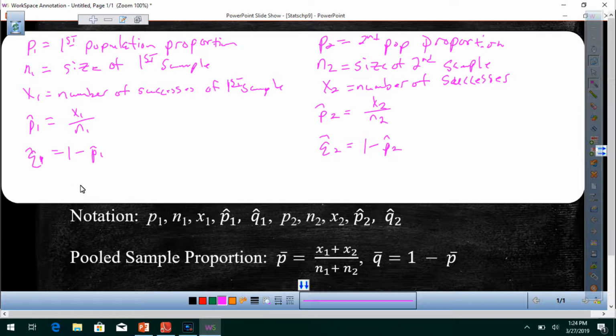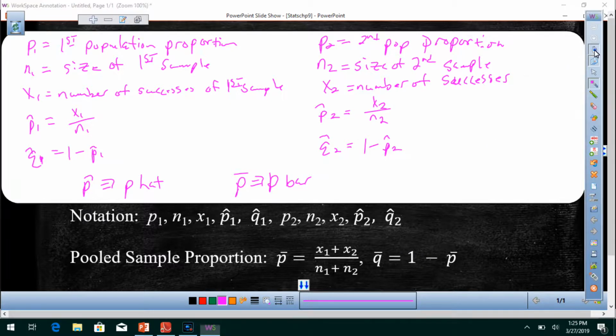This is P hat, and this is called P bar. All right, so P bar equals X sub 1 plus X sub 2 divided by N sub 1 plus N sub 2. And Q bar is 1 minus P bar. All right, there we go.